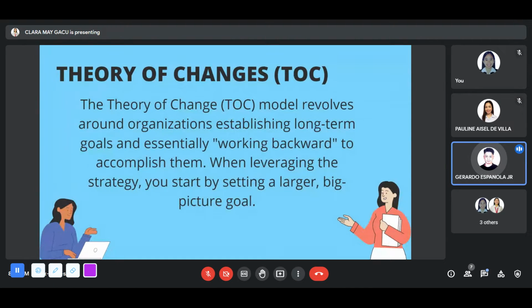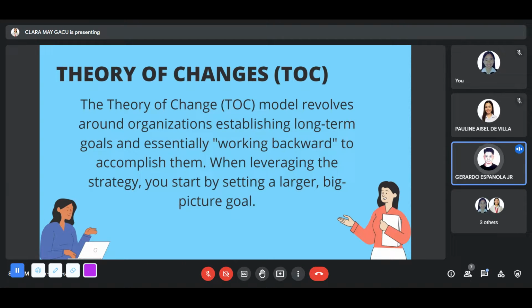Theory of Change, TOC. The theory of change model revolves around the organization establishing long-term goals and essentially working backwards to accomplish them. When leveraging this strategy, you start by setting a large, big picture goal.